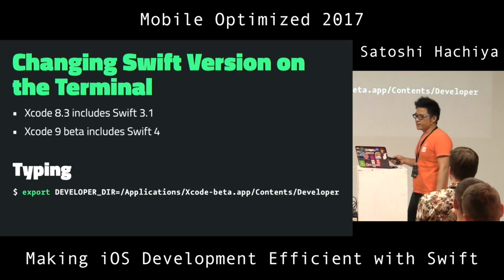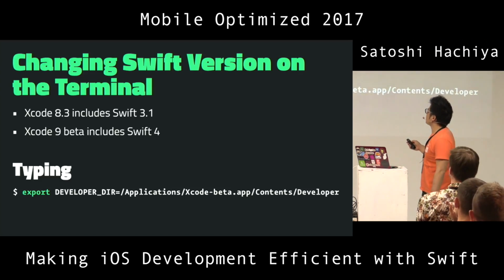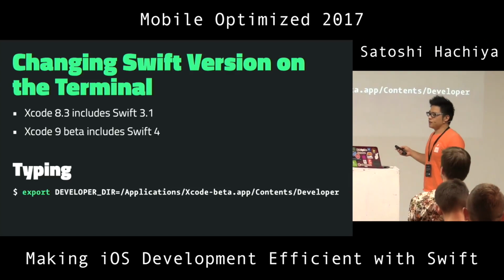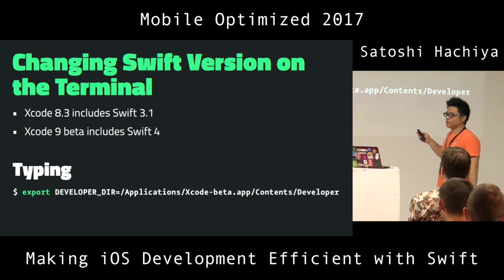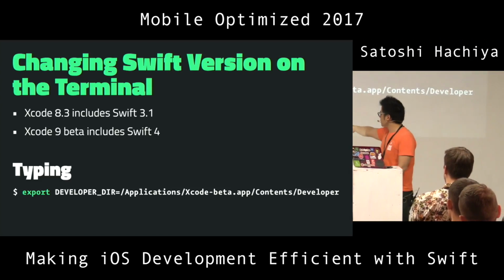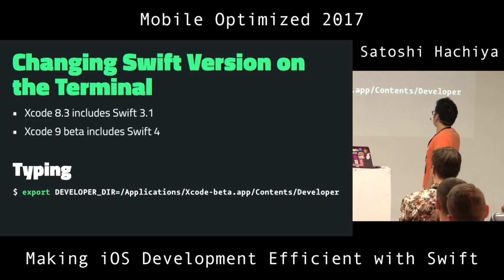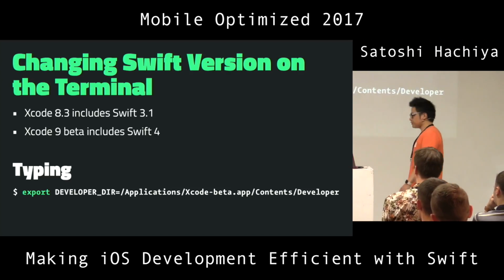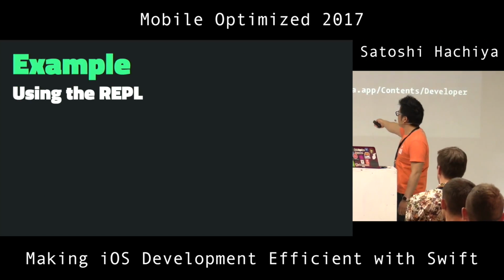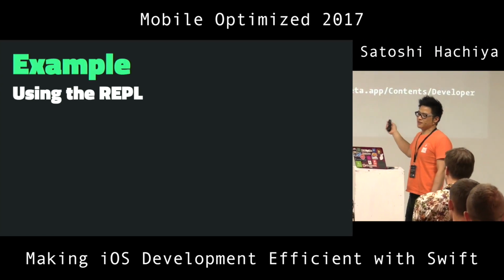Xcode 8.3 includes Swift 3.1, and Xcode 9 beta includes Swift 4. If you want to use Swift 4 on the terminal, type as follows: export DEVELOPER_DIR and pass the path to the Xcode beta application. If you change back to Swift 3, unset this parameter on the terminal, or close the terminal.